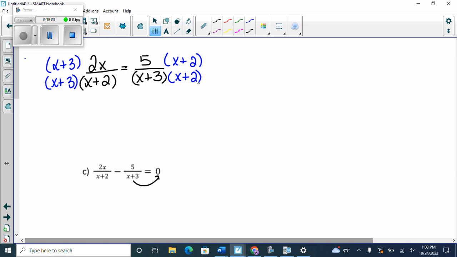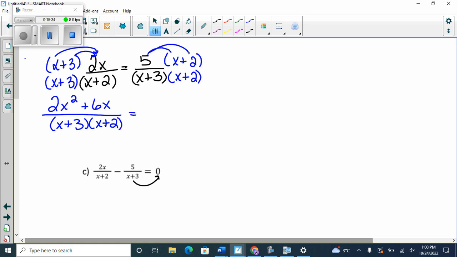My next step, distribute the numerators, keep the denominators. Uh-oh, what's happening? I'm getting a 2x squared plus 6x. So I'm getting an x squared. I haven't had an x squared yet. 5x plus 10.